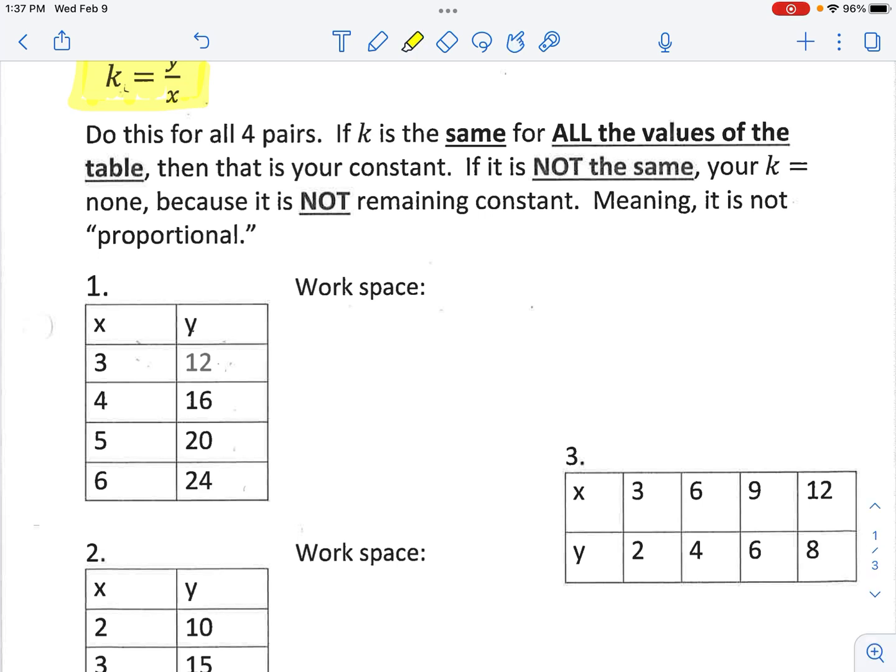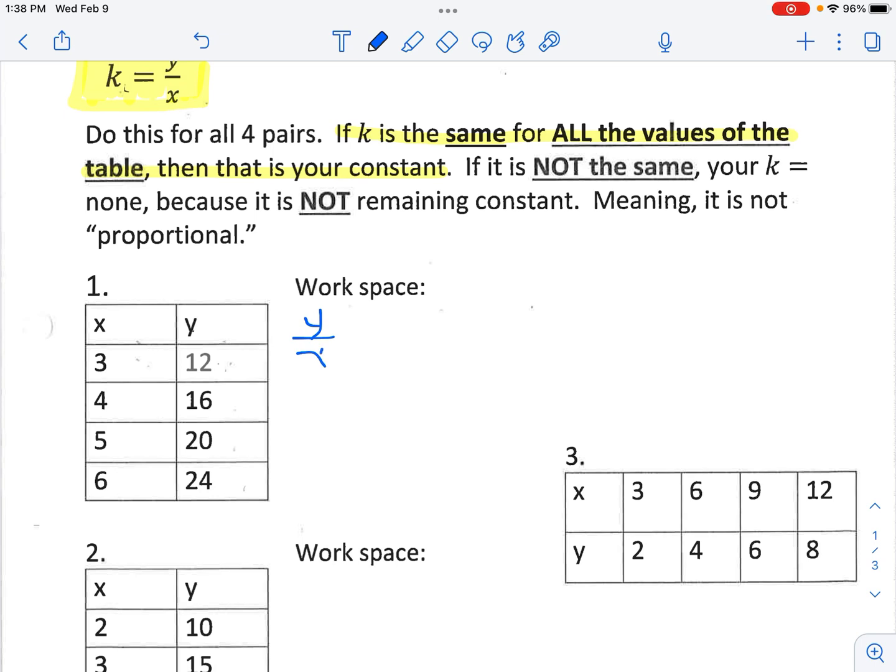If k is the same for all of the values of the table, then that is your constant. But if the constant is not the same, then we're just going to put none because it does not remain proportional.